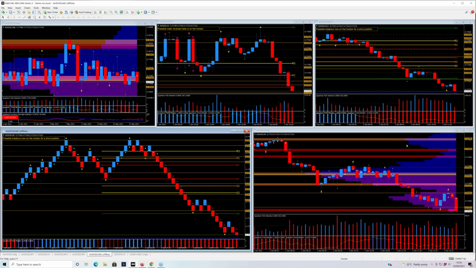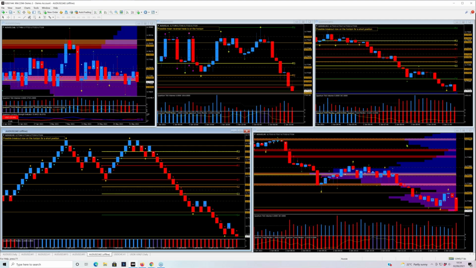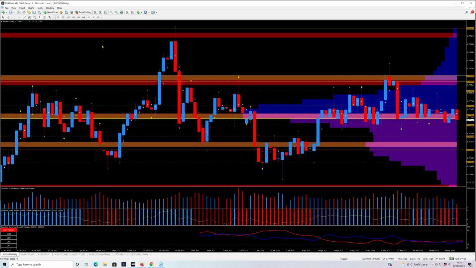The Aussie dollar is a very different configuration in terms of what the daily chart looks like, and it's a perfect example of what I said. I accept some of these candles have been quite wide, which is great for the faster time frames, but it also reflects this sort of market.